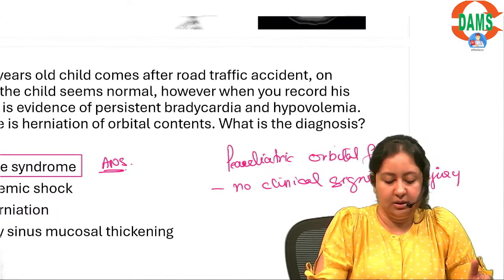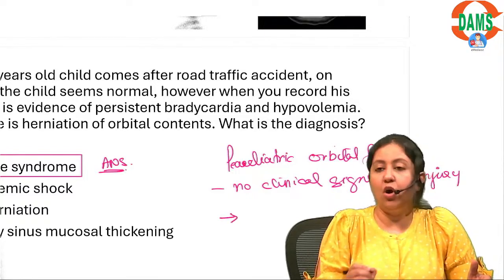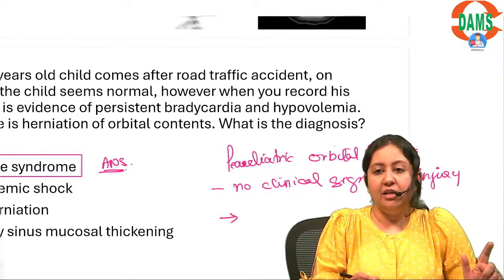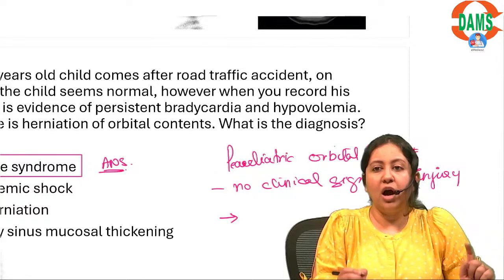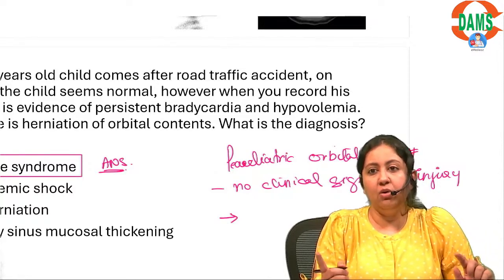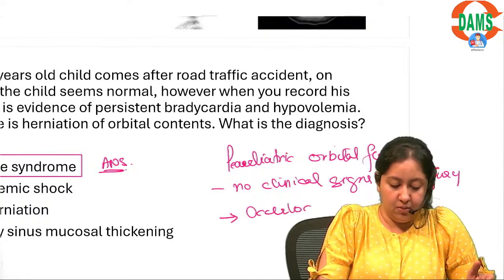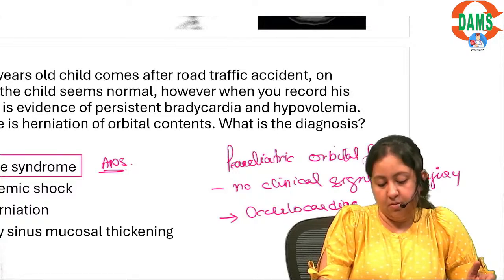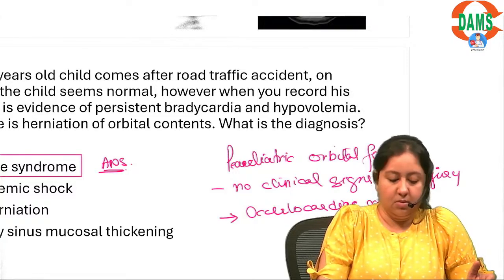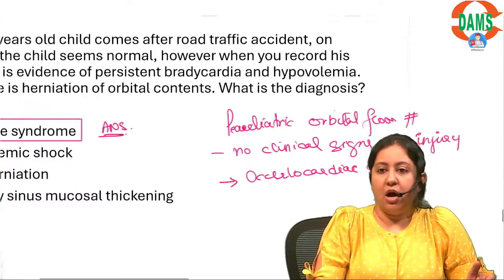But when you record the vitals, there are signs of an oculocardiac reflex or a trigeminocardiac reflex.